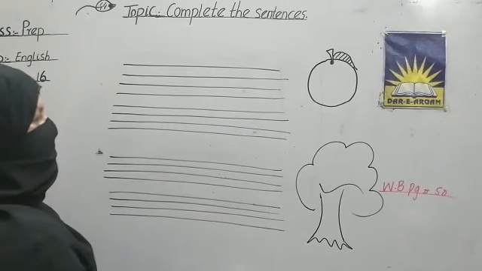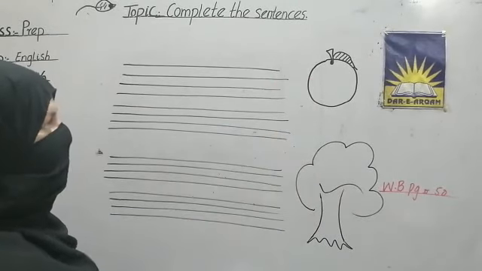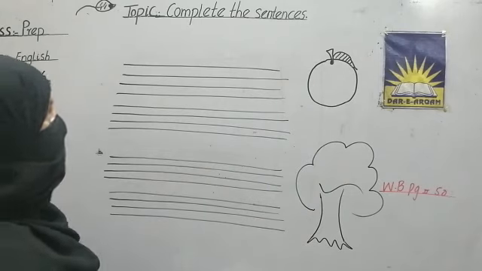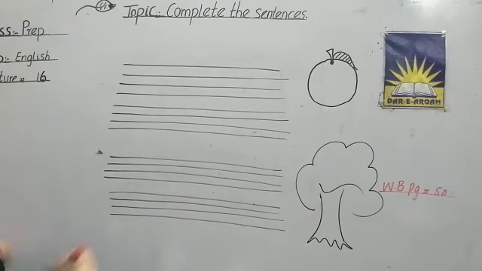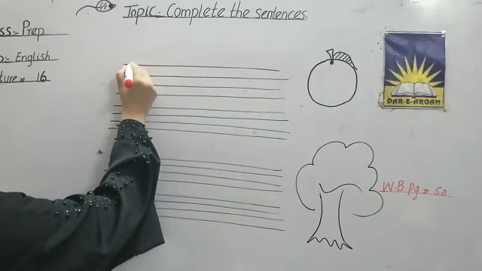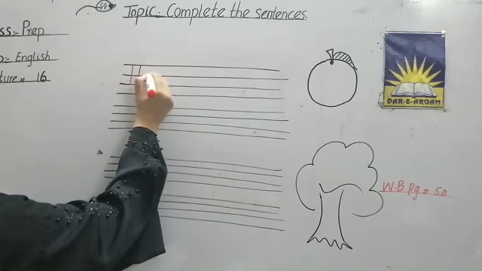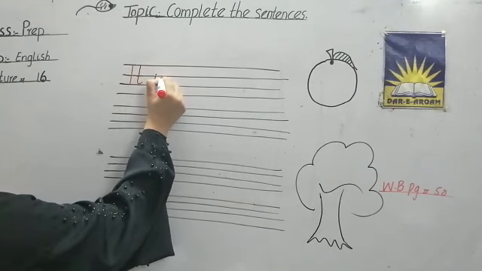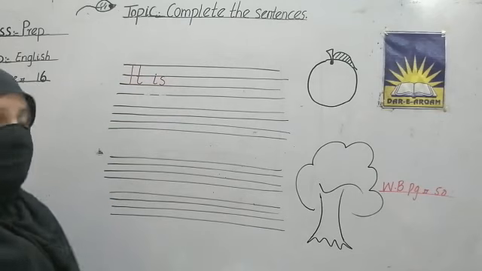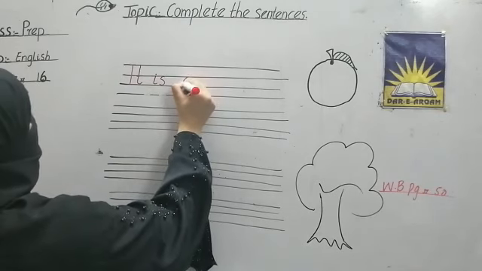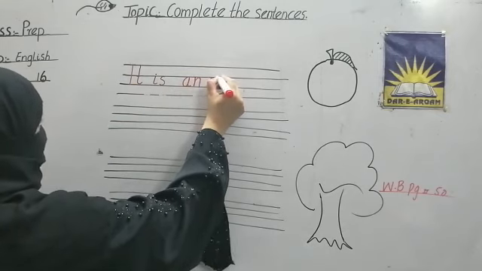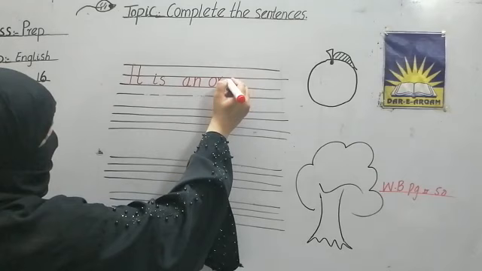Yes, students, tell me what is it? Orange. Good. We make a sentence here. It is a orange or an orange? Yes, an orange. Student, tell me what we write here.